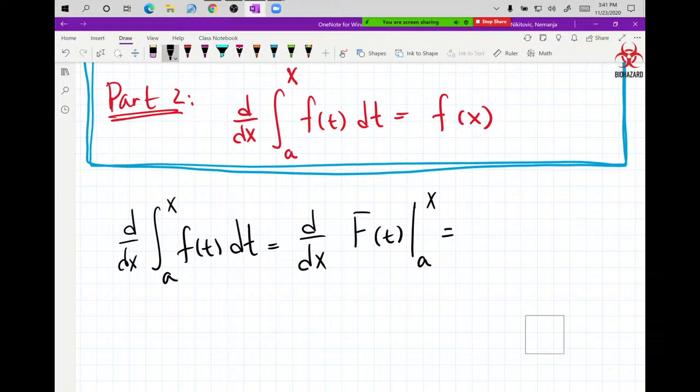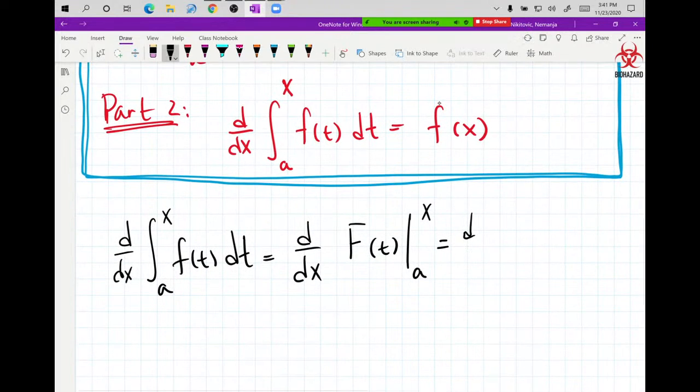And now, when you plug in your limits, you plug the upper limit first, then you plug in the lower limit, which is a.